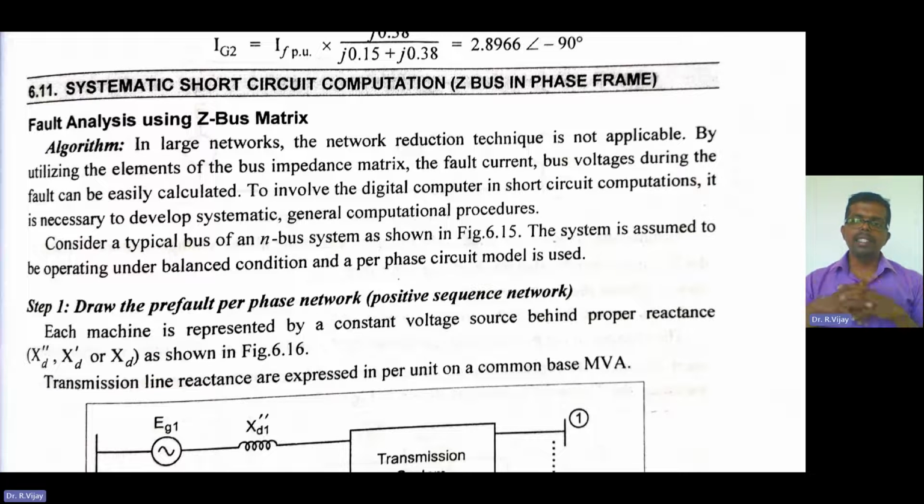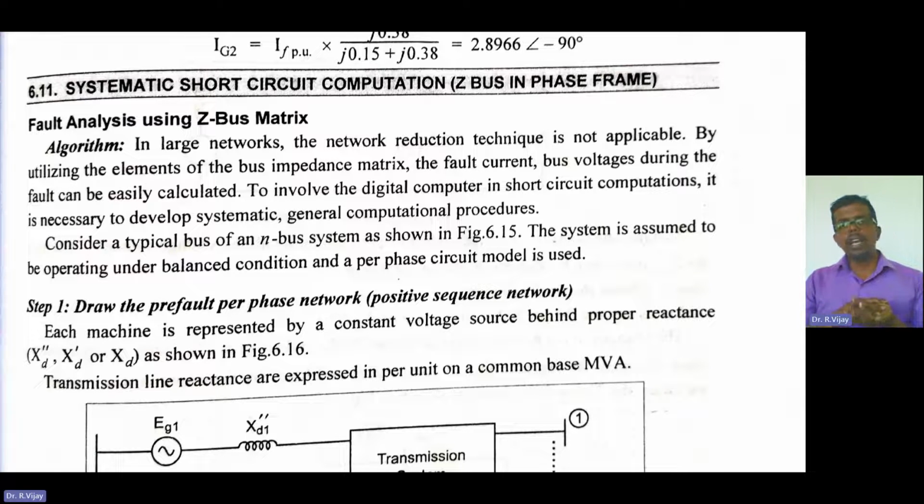Say, for example, it is a 40-bus system. There, you can't reduce the network, say, from a 41 cross 41 matrix to a 40 cross 40 matrix. It is not applicable and also not possible. The calculation is very complex.